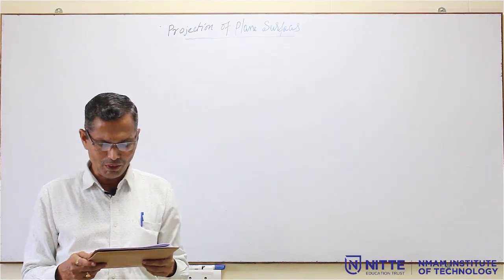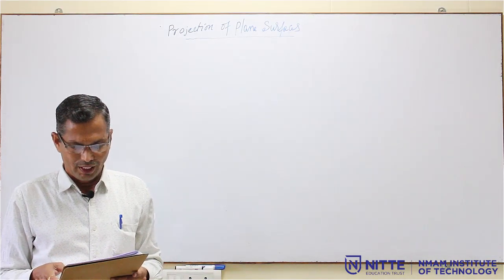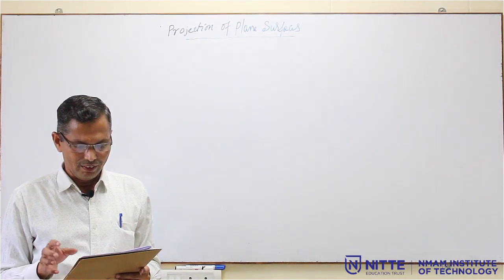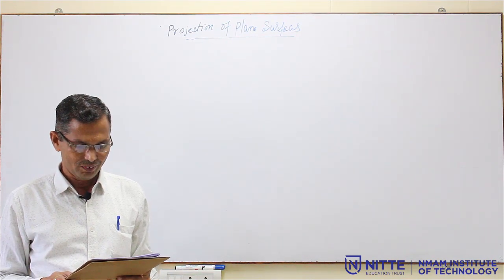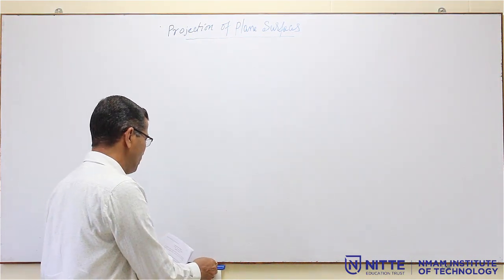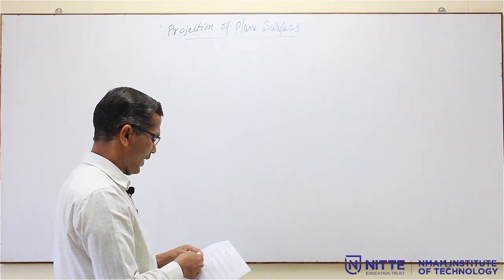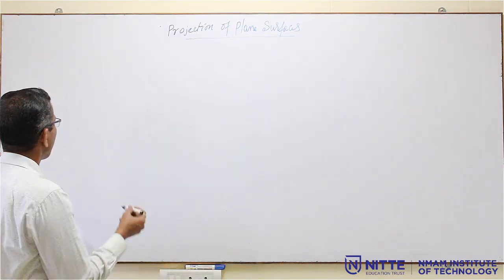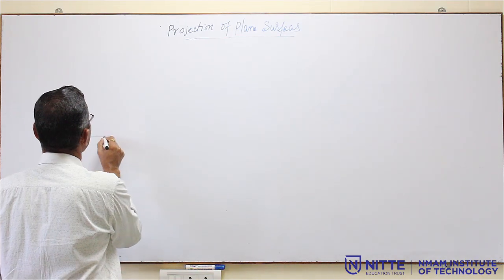Now, in this problem they told that the top view appears as a square. That means I have to start the drawing from HP, because the top view is a square.